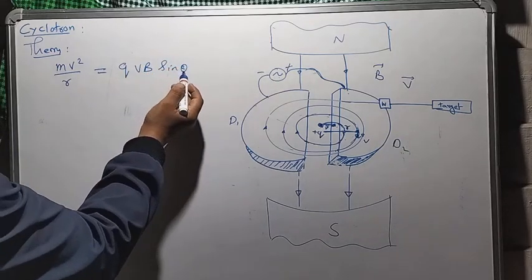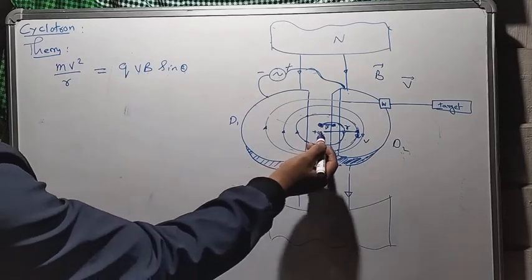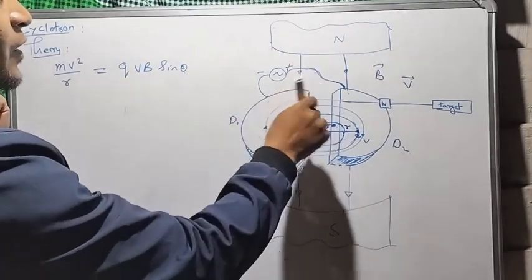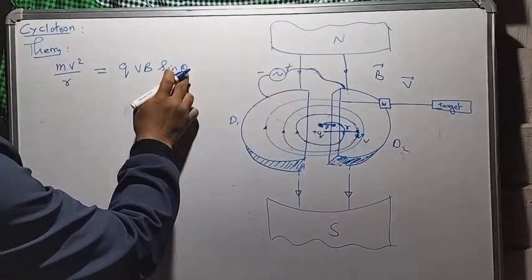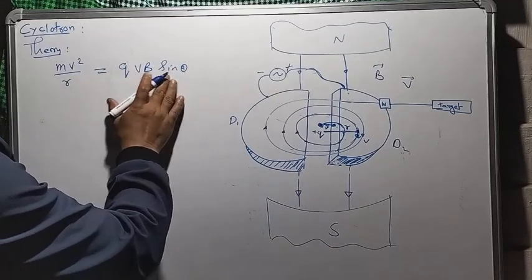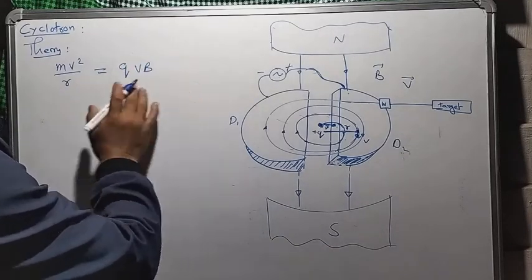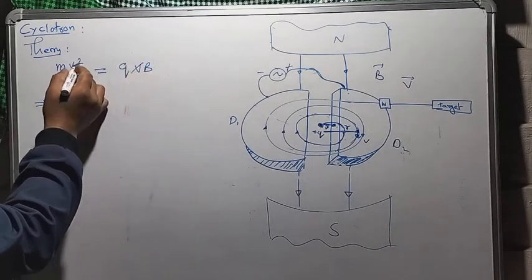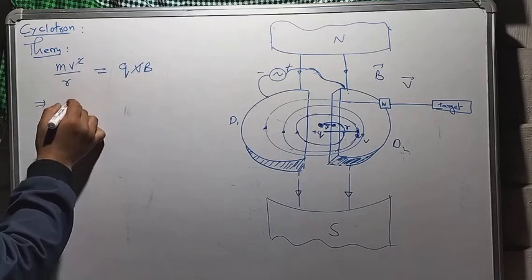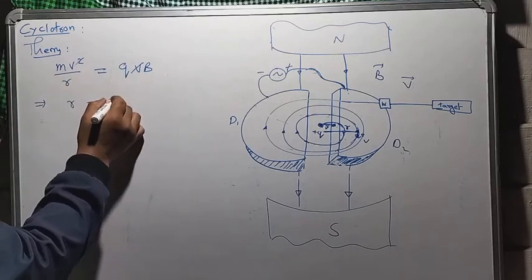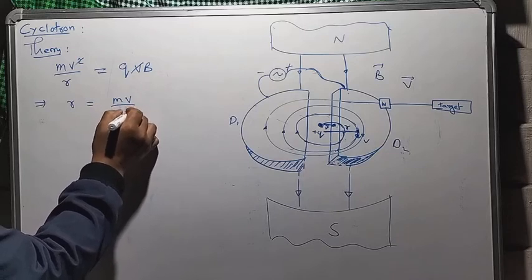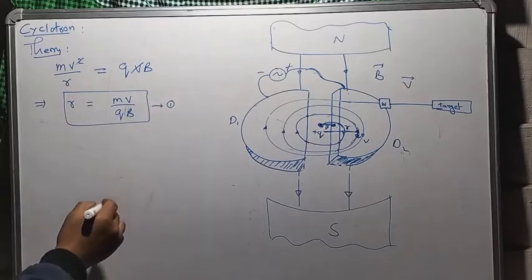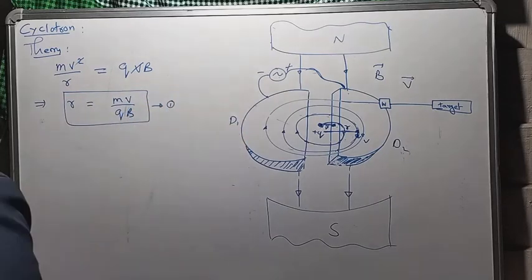Now this theta is the angle between v and B. Because initially the velocity and the magnetic field are perpendicular to each other, theta is 90 degrees, so sine 90 is 1. So I'll drop this and I'll have only qvB. Now this v cancels with one v of the square. So if you find r from here, you will get mv upon qB. So this is the radius of the circular path at any instant of time in the two D's.